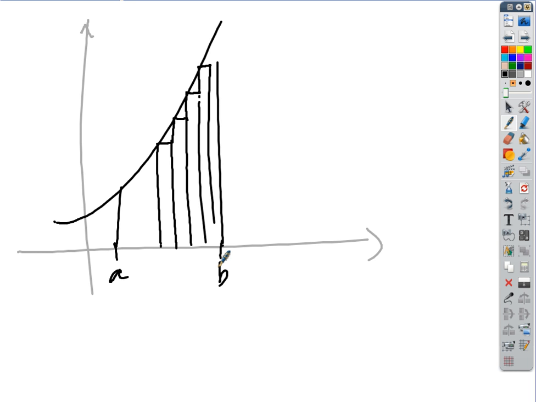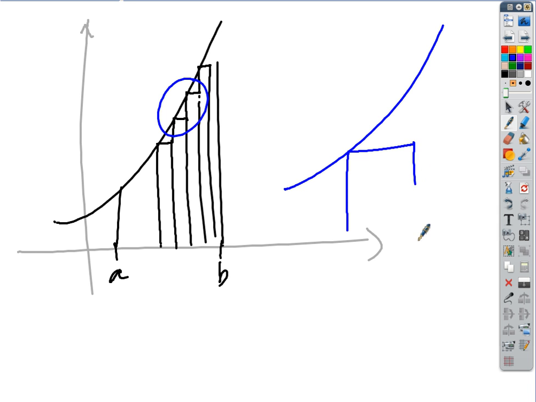What kind of shape? Now, if I focus in on one of these, if I were to blow up this part right here, what I see is this function that's going up like this, and here's the top of my interval. What would be maybe a better choice? A triangle and a rectangle, which makes a trapezoid. Okay, there's my rectangle. Let's trade that out for a trapezoid.